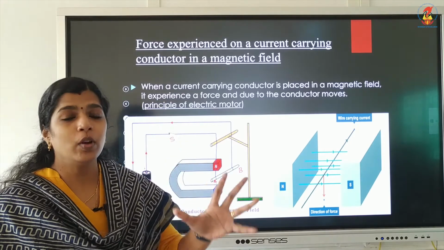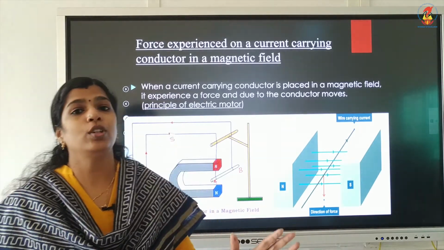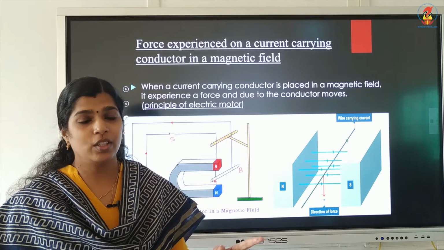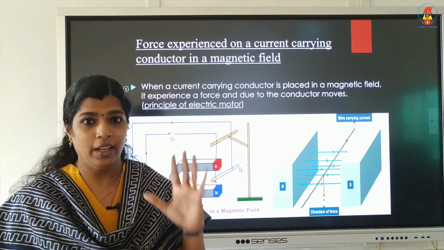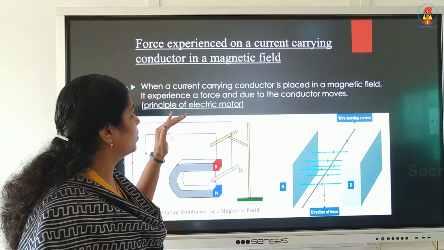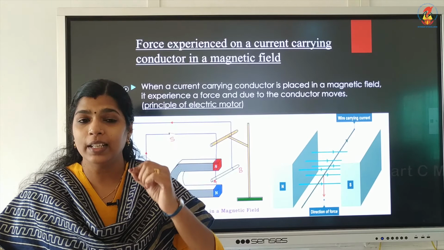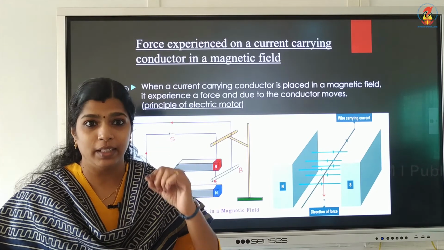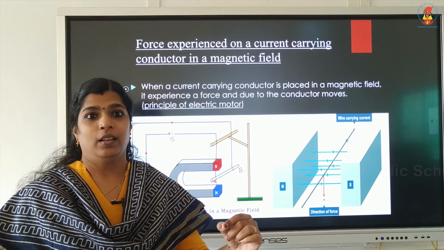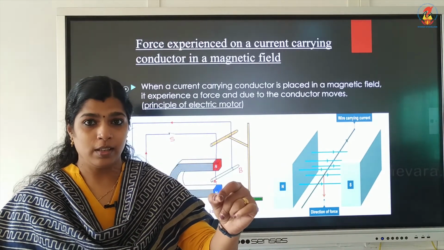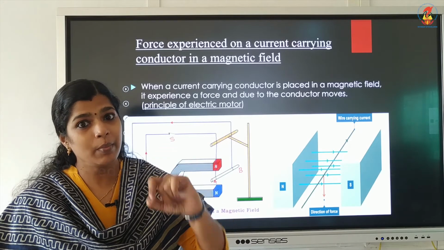An electric motor is a device that converts electrical energy to mechanical energy. The working principle of the electric motor is that a current carrying conductor, which produces its own magnetic field, is placed in a magnetic field.